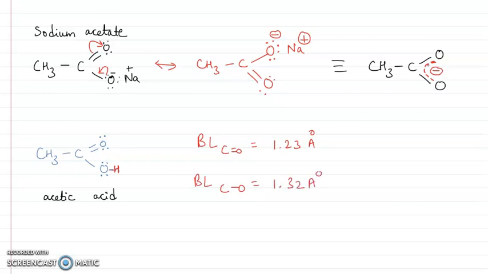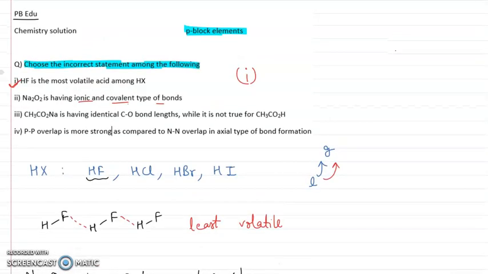But in case of sodium acetate, the bond length of CO bond is 1.26 angstrom. That is in between the CO single bond and CO double bond. Therefore, the bonds are equivalent in case of sodium acetate, and therefore this statement is correct and not for the given question, but it is correct statement.